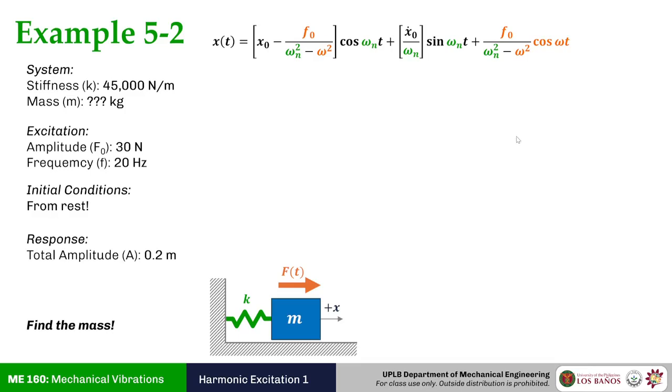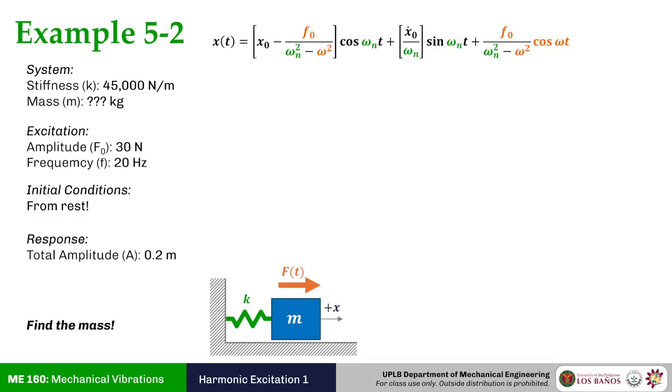How do you solve for the mass? Now the mass can be anywhere at this point. If you notice, where could the mass be hiding in this equation? It could be hiding in the little f naught here, the specific forcing amplitude. It can also hide in the natural frequency, omega n. How do we narrow this down?